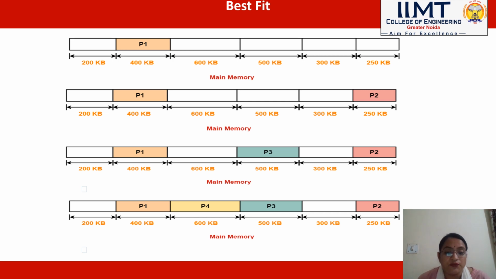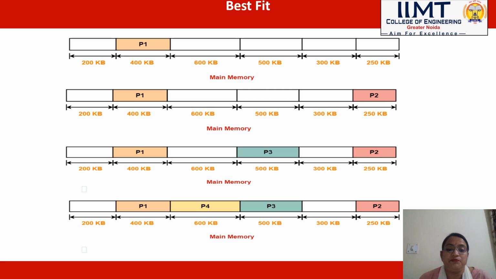When process P3 arrives, it has size 468 KB. In this diagram, we can see that 500 KB is the smallest size to accommodate and allocate to process P3.